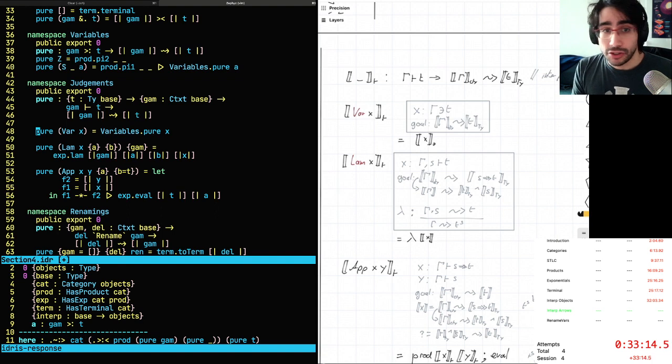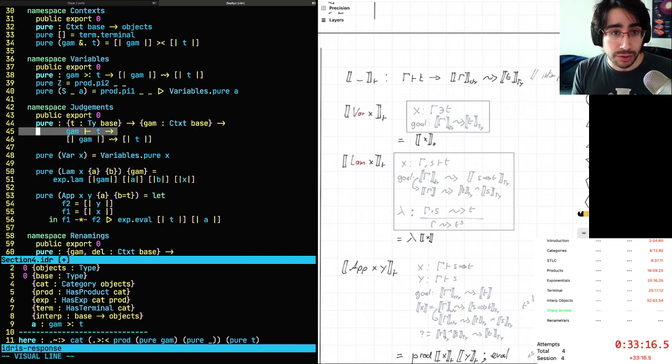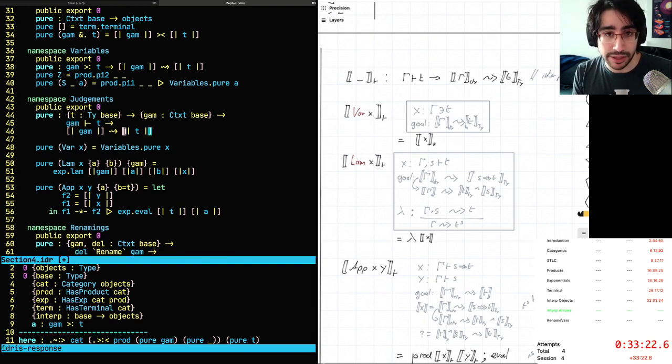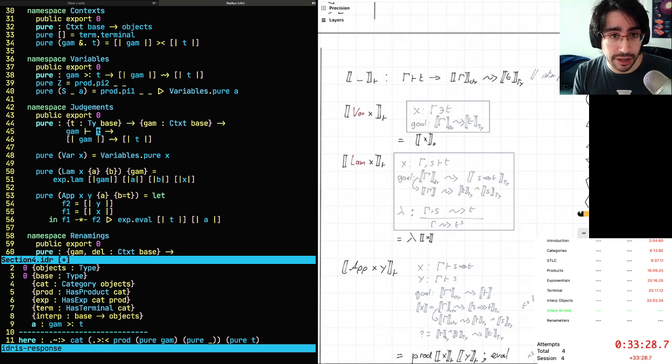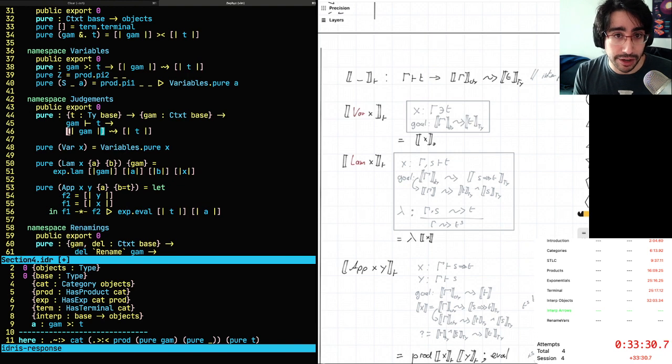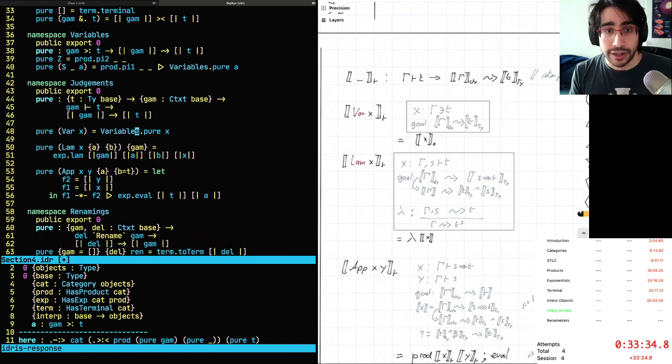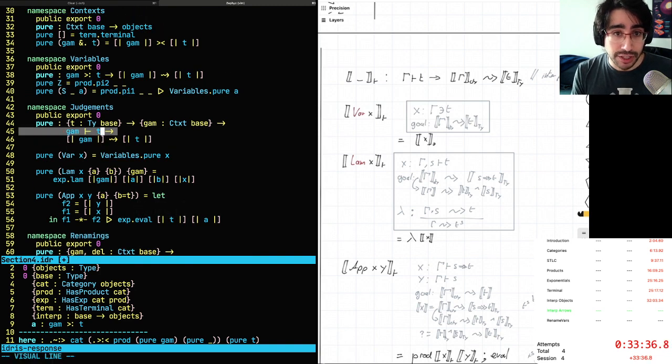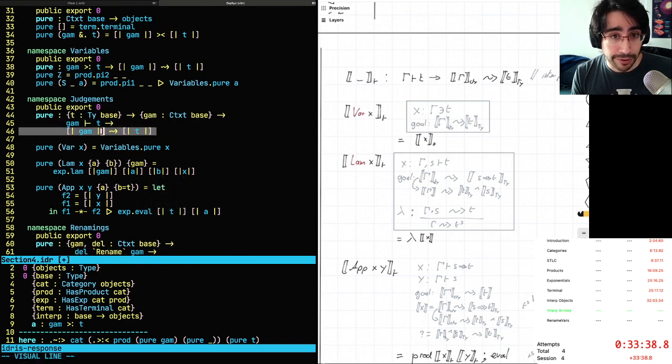Right, so we said terms are themselves mapped to arrows, and the arrows go from the context in which the term is declared to the type that it has. So on the left side, we have gamma turnstile t, and on the right side, we have gamma arrow t. And again, this is a case where we're going to match on this, and this will teach us something about the goal, right?